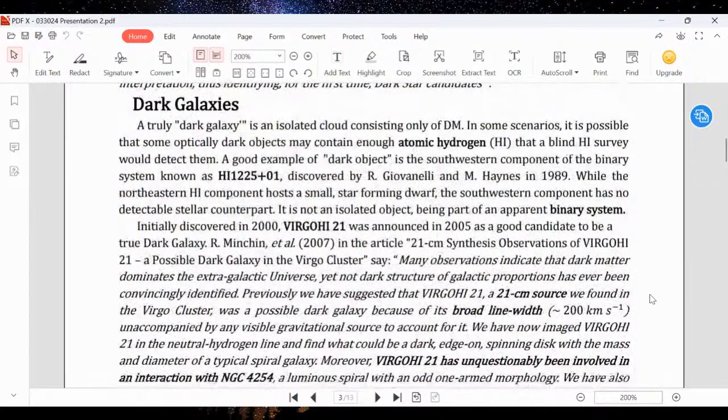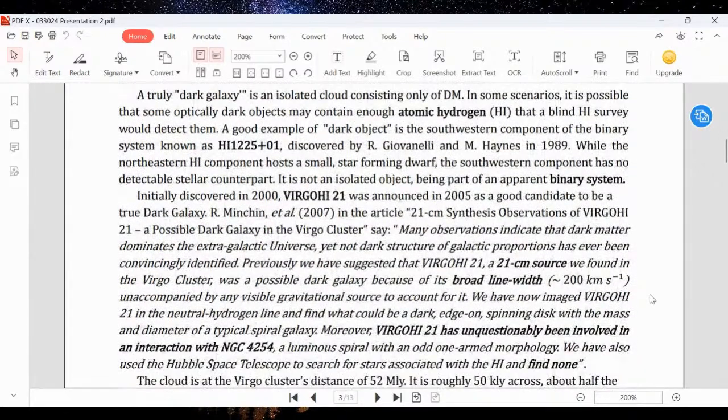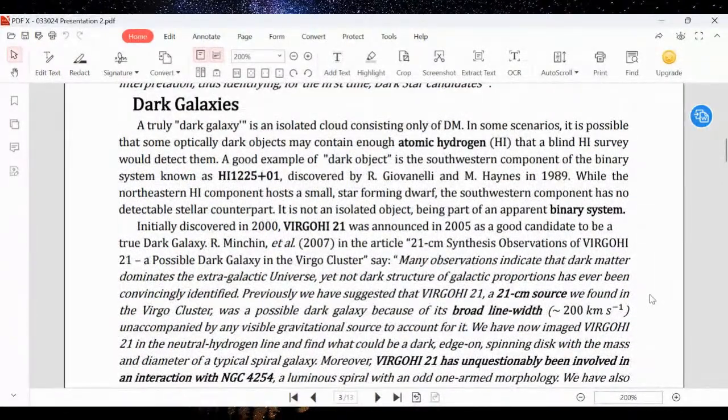Dark galaxies. A truly dark galaxy is an isolated cloud consisting only of dark matter. In some scenarios, it is possible that some optically dark objects may contain enough atomic hydrogen, HI, that a blind HI survey would detect them.